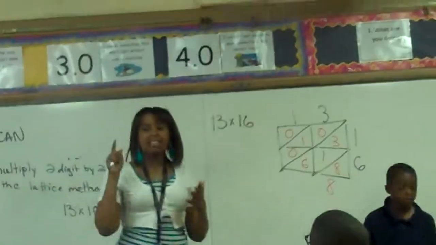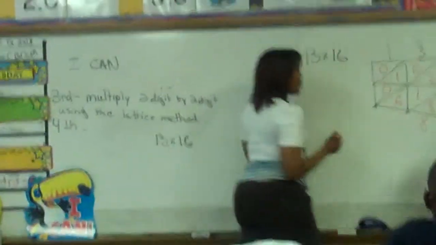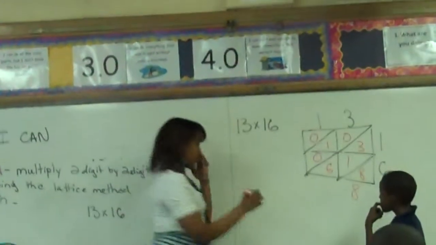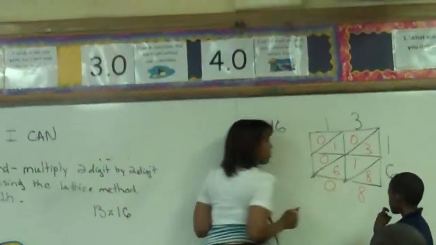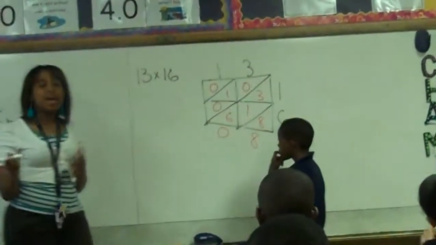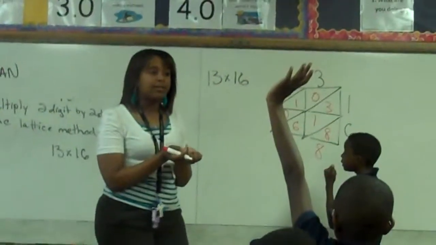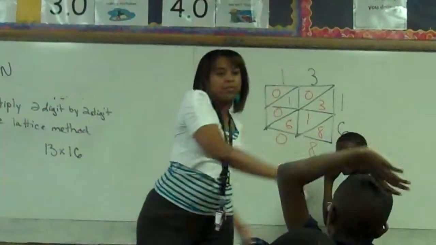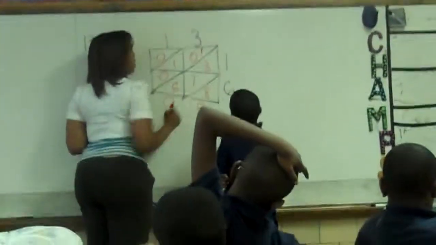10. Okay? So I want you to pay close attention to this. So I put a 0 here. What do you do when you have too much in one basket? You carry it over to the next basket. So I take my 10 and I carry my 1 over here.